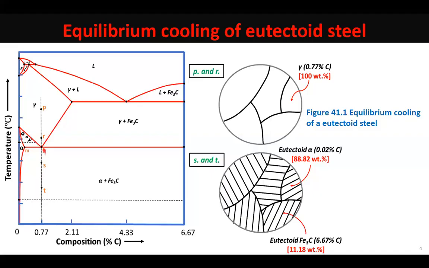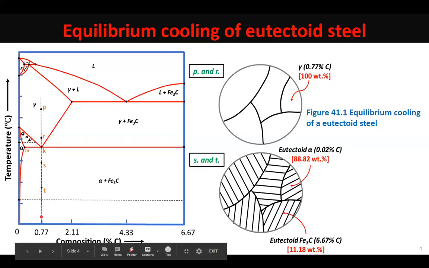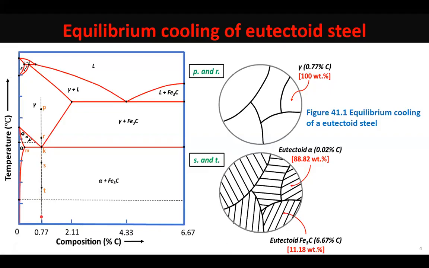So in this eutectoid steel, if you had all eutectoid ferrite and cementite, and ferrite was of maximum carbon 0.02, when you come to room temperature, the carbon solubility of ferrite has decreased from 0.02 to 0.0008% carbon, and this carbon that has come out of ferrite comes out in the form of cementite.